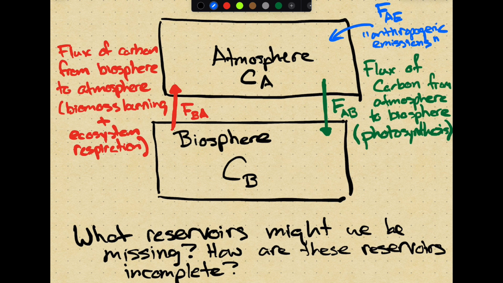So now let's move one step into the math. What we're going to do now is set up a budget equation for all of these budgets, and make sure that all of the terms balance with one another. Make sure we're not missing any fluxes or any reservoirs.